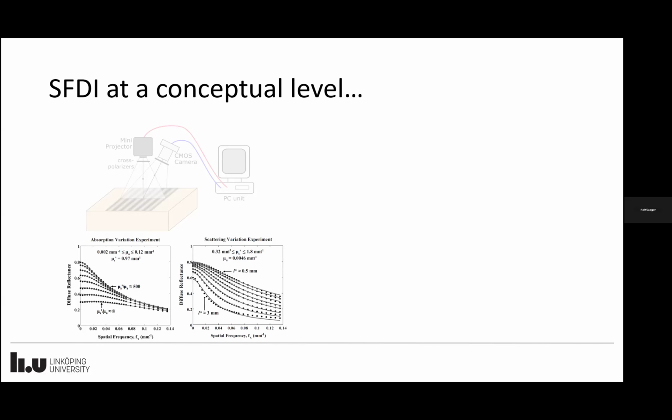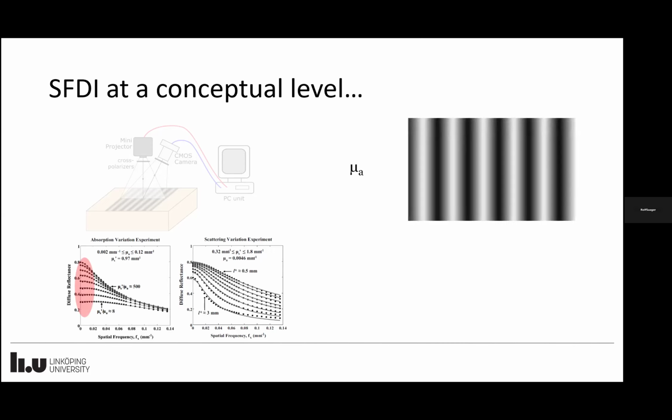One of the challenges I give my PhD students when they first come in, at their first introduction to SFDI, is to try to conceptualize how the technique works in their own way. When it comes to the sensitivity of absorption at low spatial frequencies, what does absorption do to the spatial frequency domain imaging?